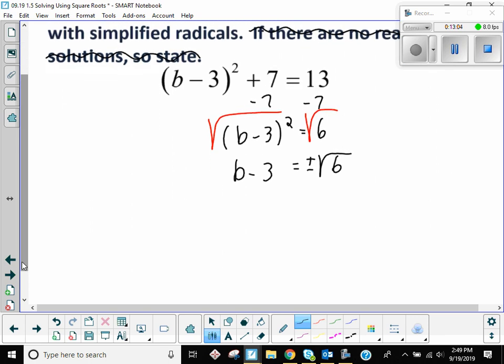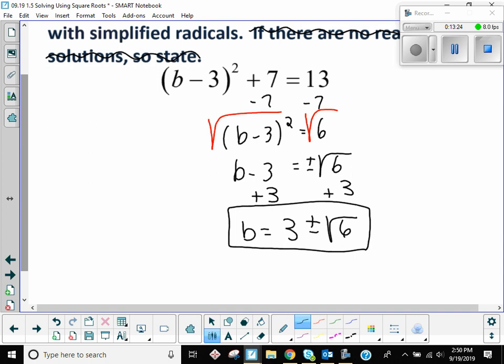And I have one last step. What is it? To solve for b. Get the variable by itself. I need to get the negative 3 out of there by doing what? Adding 3. So b equals 3 plus or minus radical 6. I can't simplify that radical, so it stays like that.